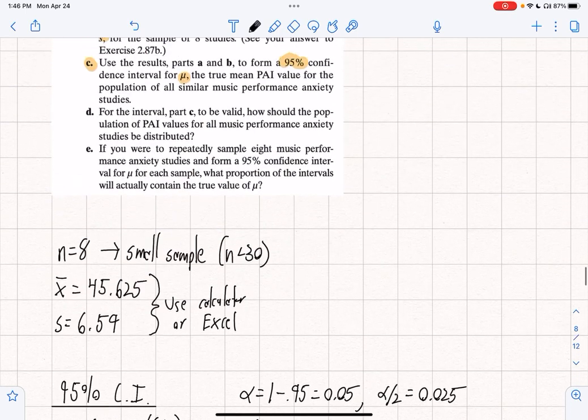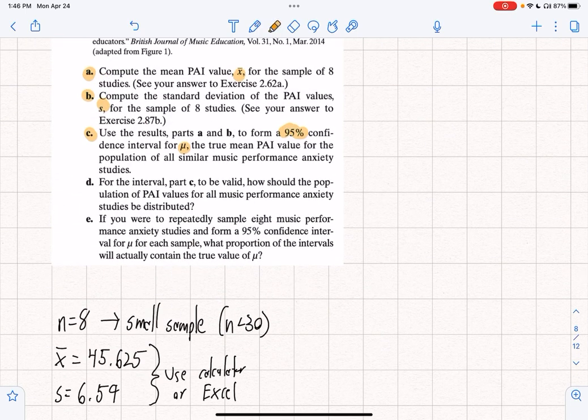Okay, so I think that takes care of part C. We just did our 95% confidence interval.